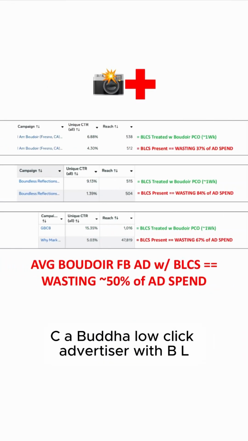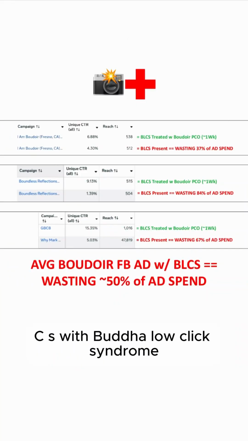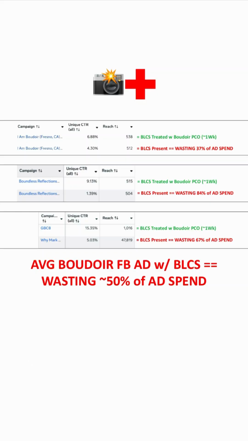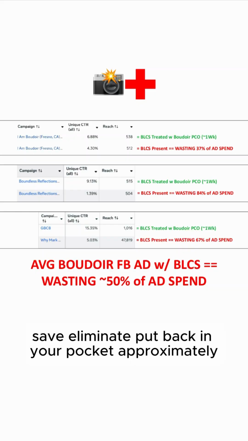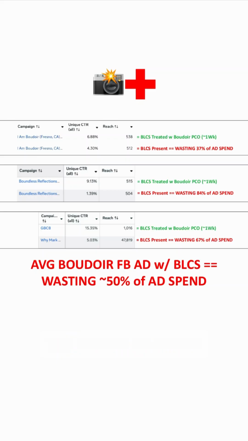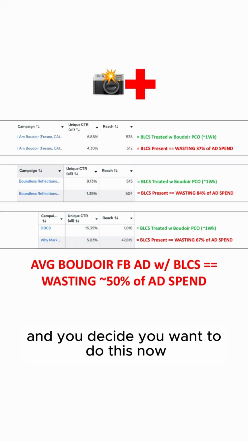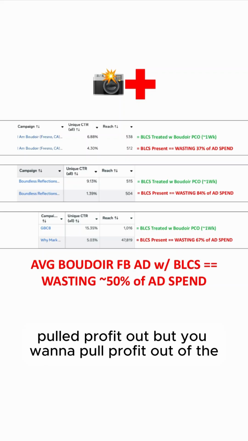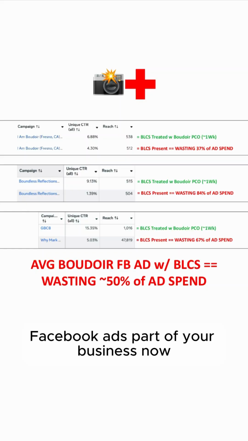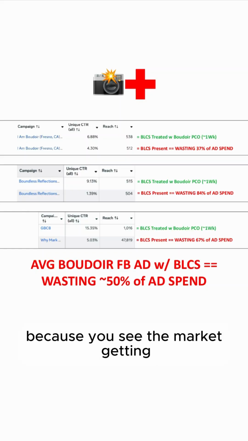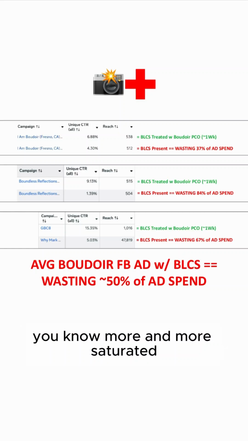All right, so if you're a BLCA, Boudoir low click advertiser with BLCS, with Boudoir low click syndrome, and you're spending more than 10 grand a month on Boudoir Facebook ads, and you want to eliminate the wasted spend and put back in your pocket approximately 5K a month, approximately 60K over the next year, and you decide you want to do this now because you've optimized other parts of the business, pulled profit out, but you want to pull profit out of the Facebook ads part of your business now because you see the market getting more and more saturated, more boudoir photographers every day.